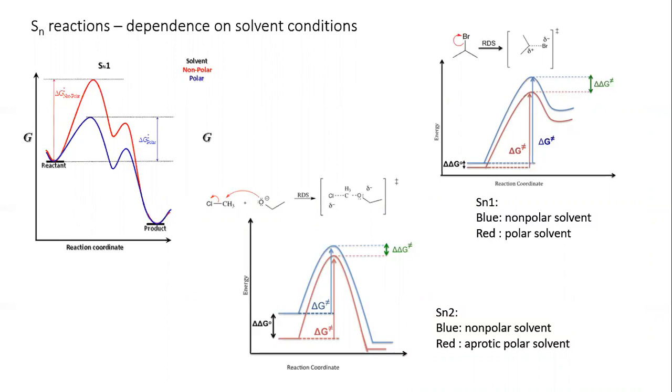And generally, when you have a polar solvent, it helps lower the activation energy of your reaction. And that's because nucleophiles are generally more soluble in polar solvents.